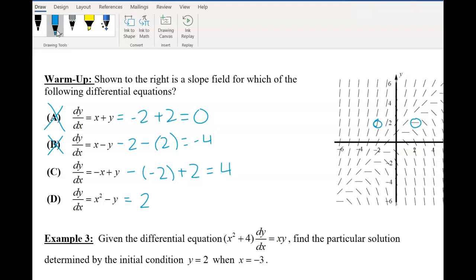So now if I pick (2, 2), it works for C, but not for D. And again, you could have started with the point (2, 2). You want to just pick a point where you know you'll get a number you can recognize, whether it's positive or negative. And then I try to pick numbers that are easier to plug in.